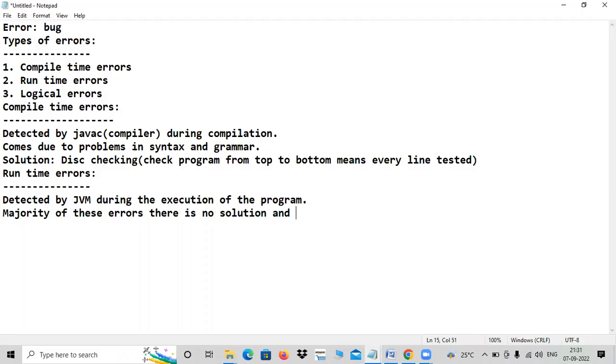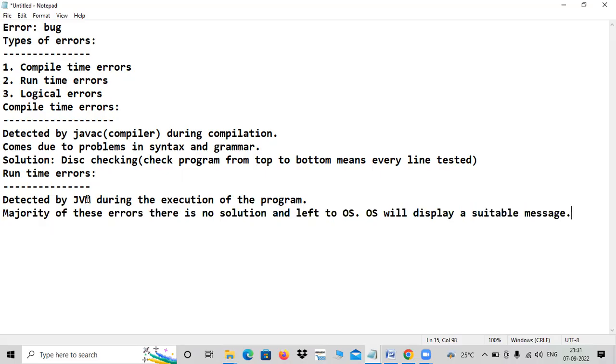We leave it to the OS, operating system. Any message is there, OS will decide. OS will display a suitable message. Sometimes if any file is lost, your OS will display a message.